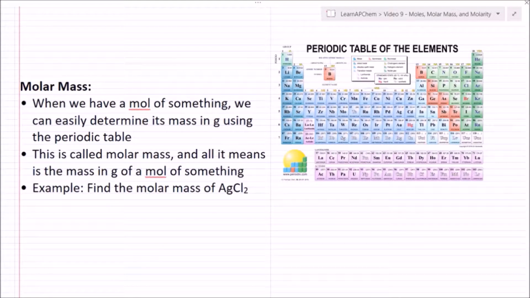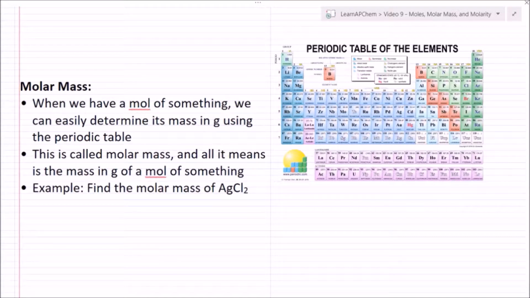This is called molar mass, and all it means is the mass in grams of a mole of something. So if I had AgCl2, its molar mass is simply the number of grams of 6.022 times 10 to the 23rd AgCl2 molecules.